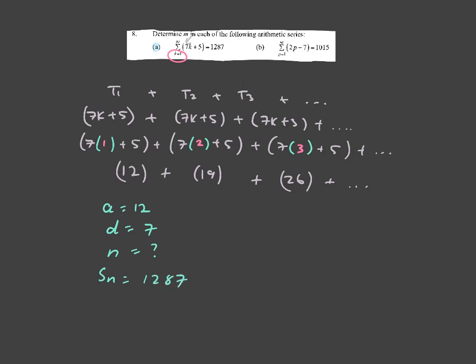Therefore Sn is equal to n over 2 times 2a plus n minus 1 times the common difference, d.